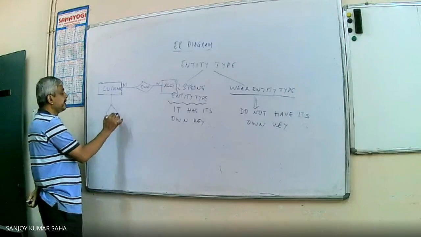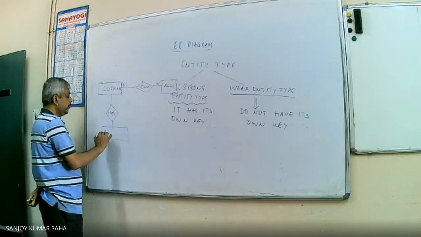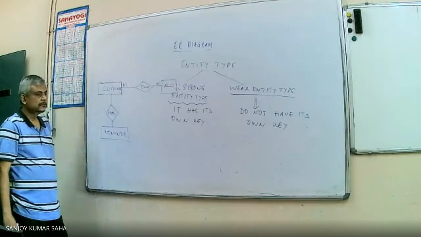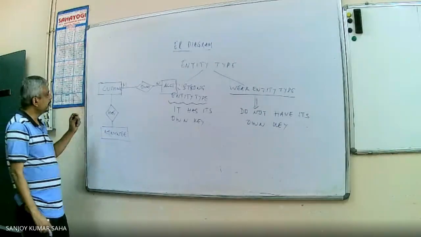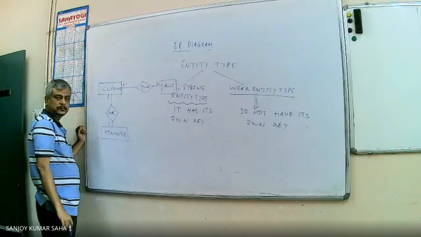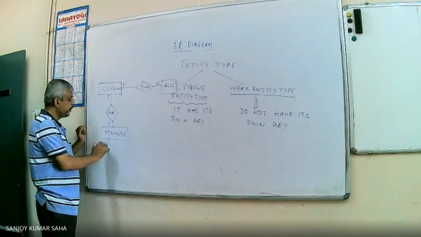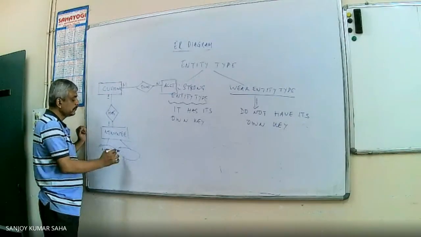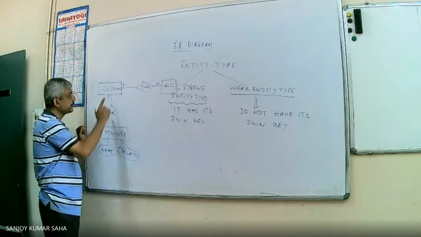Say customer has nominee. I don't know whether more than one nominee is possible or not. Even if this is one-to-one. Say nominee has attributes name and, say, relation, so relation with the customer.